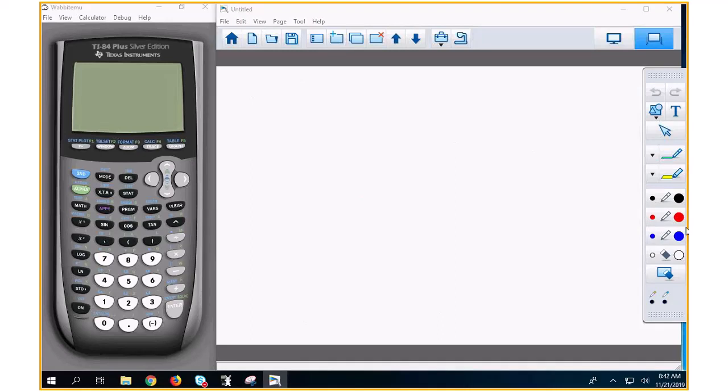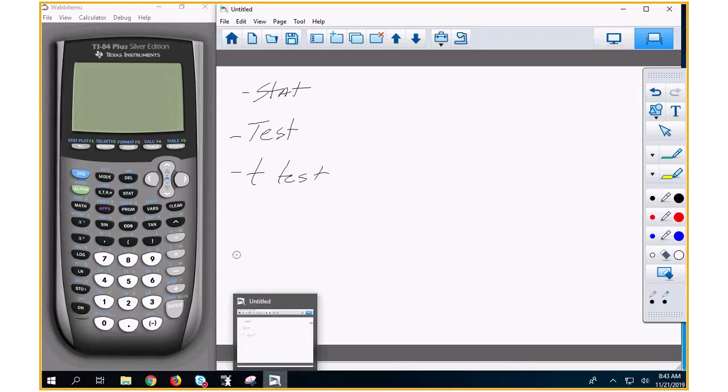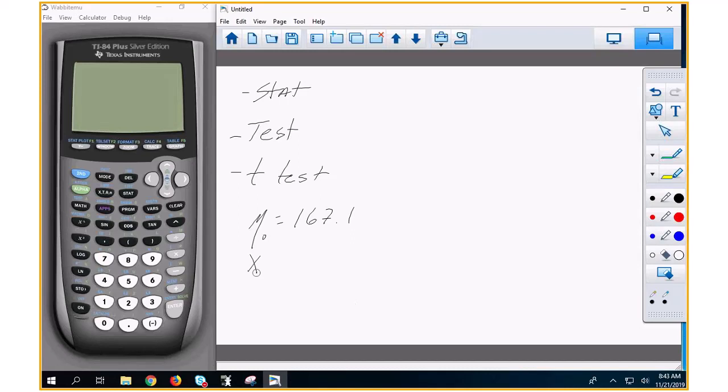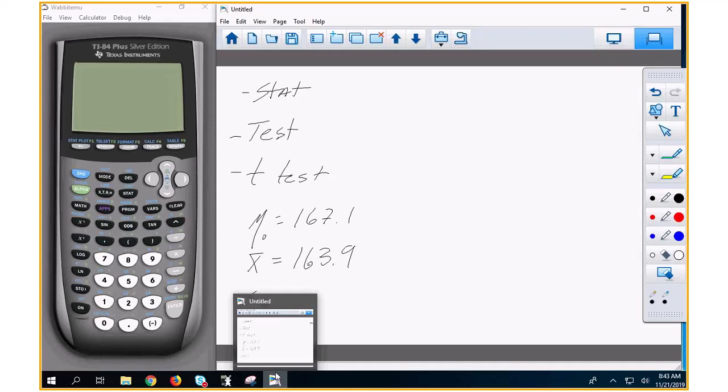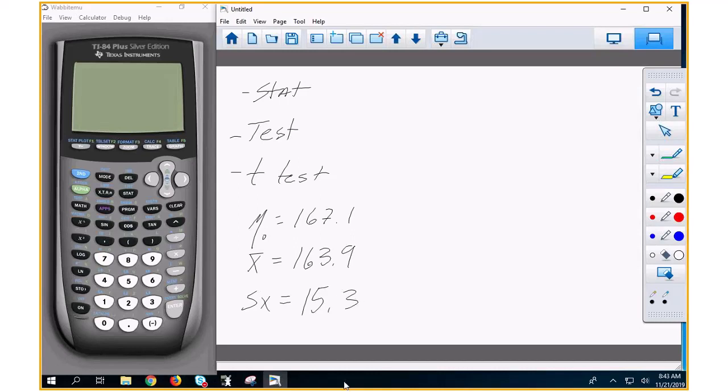All right, so you go to Stat, Test, t-test, and then you're going to have mu is equal to 167.1, x bar is equal to 163.9, Sx is your standard deviation for the sample, 15.3, and then n is equal to 70, and then they ask you which way do you want to go?